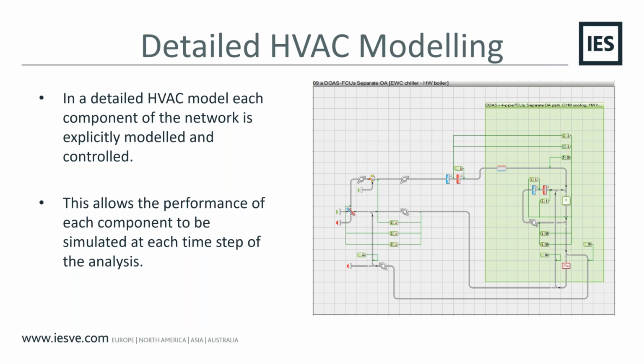At every single time step, the performance of these components, whether it's the energy consumption, the loading, or the capacity, is being continually assessed. So we no longer just have a single value, but we're getting a much richer picture as to what's happening within the system.